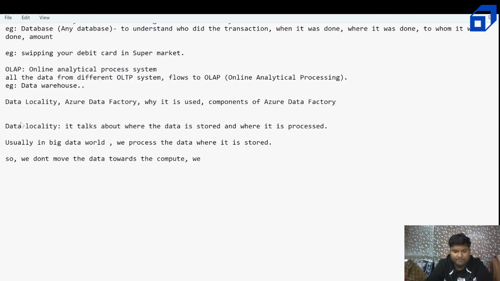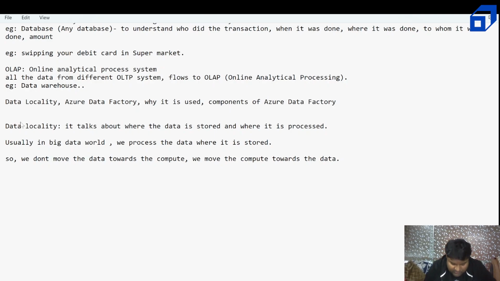We move the compute towards the data, right? So what does data locality mean? Data locality means I want to understand where my data is being stored and where it is being processed, right?